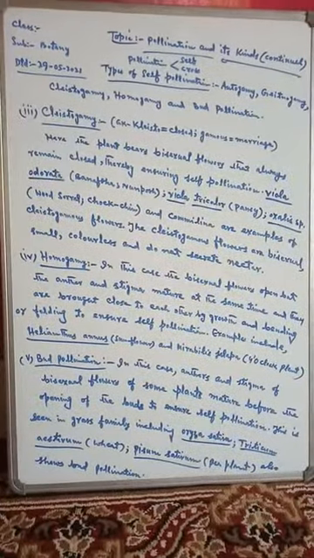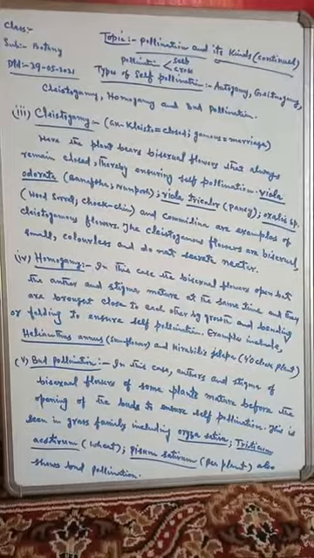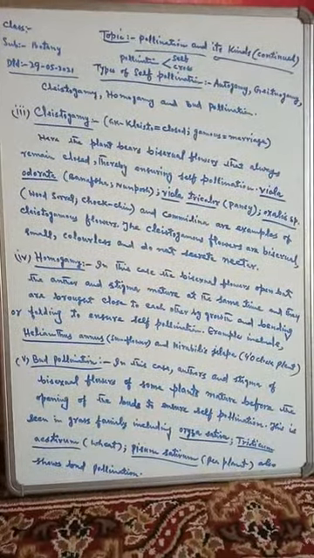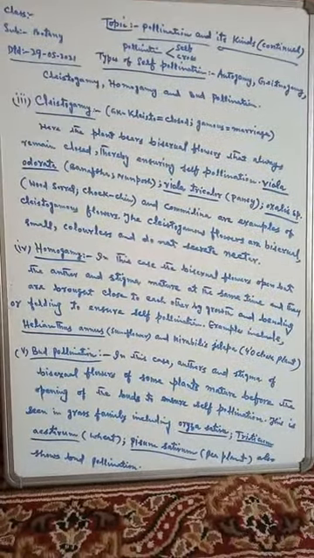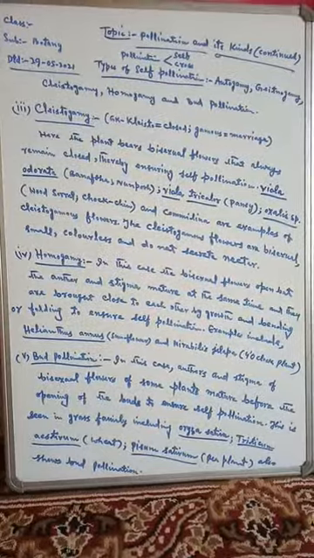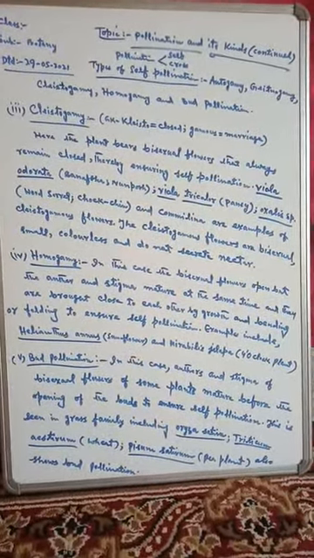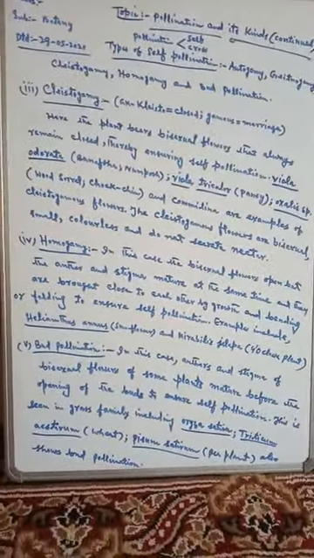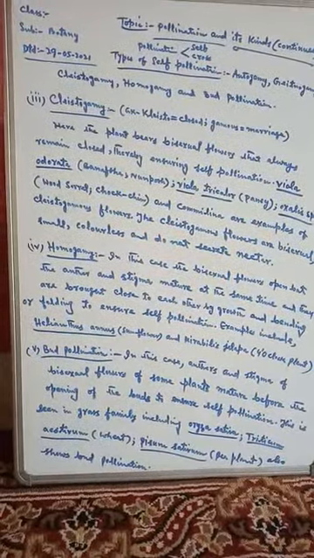One more example can be Oxalis species, which in Kashmiri we call chokchin. And lastly is Commelina, and these are the examples of calistogamous flowers.